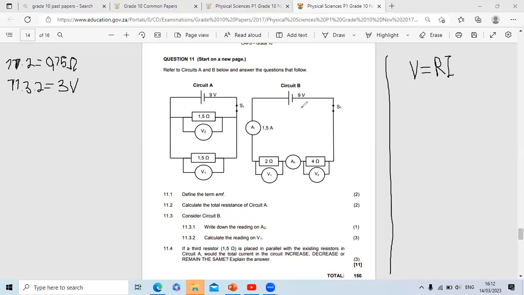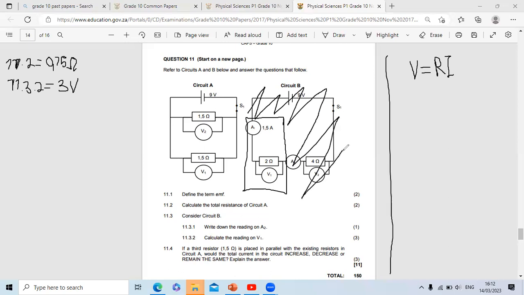You know that here is 1.5, no? We're just going to focus on this part: this ammeter, this resistor, and this voltmeter. The rest of the circuit doesn't matter to us now.